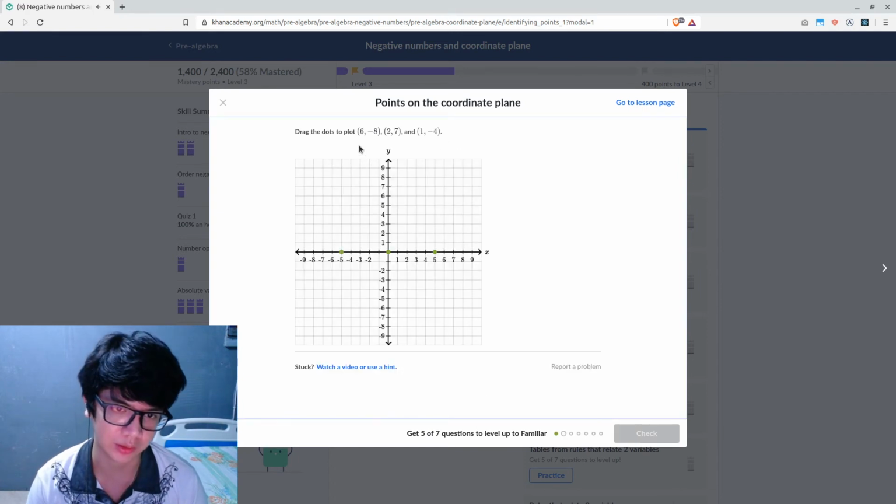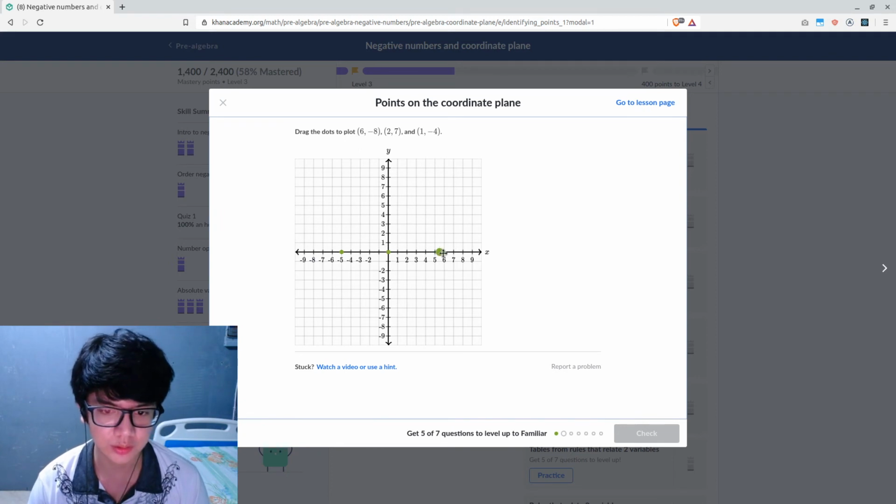Drag the dots to plot. 6, -8. 2, +7. 1, -4. This is quite the same as from the article, right? Right. 6, 8, and 2, +7. So +1, -4.